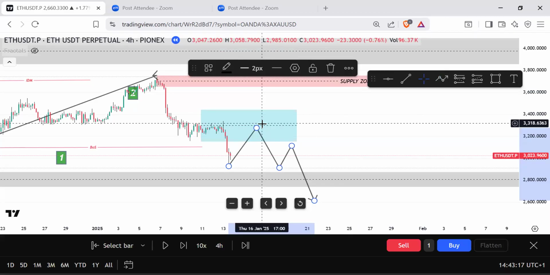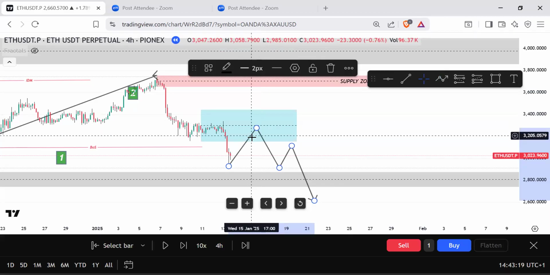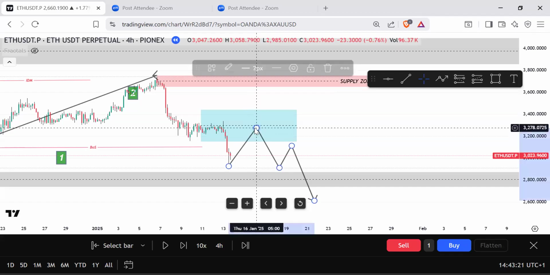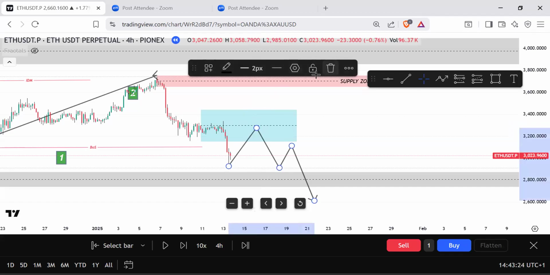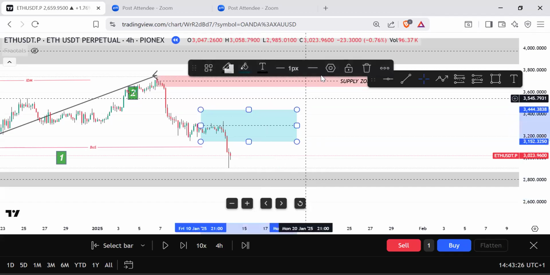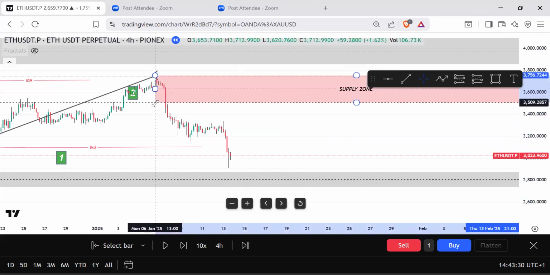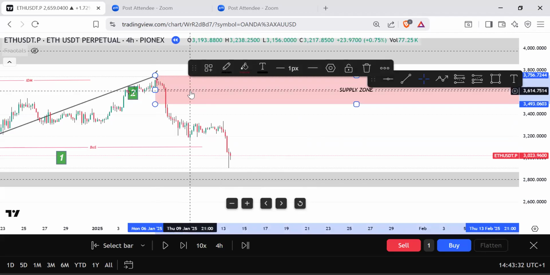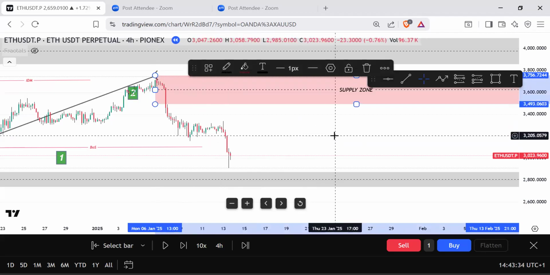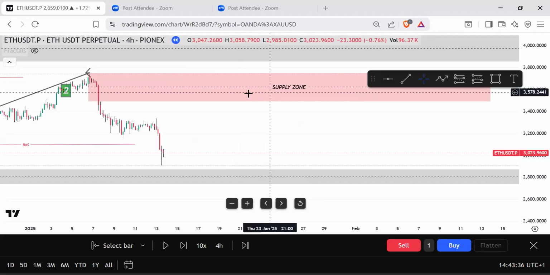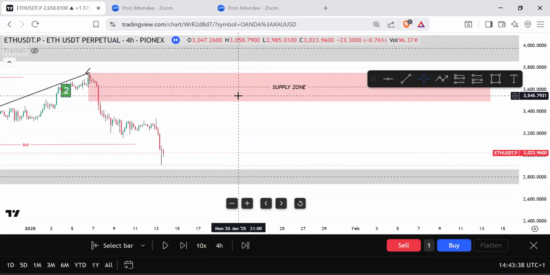Once price came like this, if there is any further chance it can come back to the supply zone again, because the high fair value gap is here, no? The most effective zone that we use is the extreme. Once it has been mitigated, we can't use it again, once price visits.